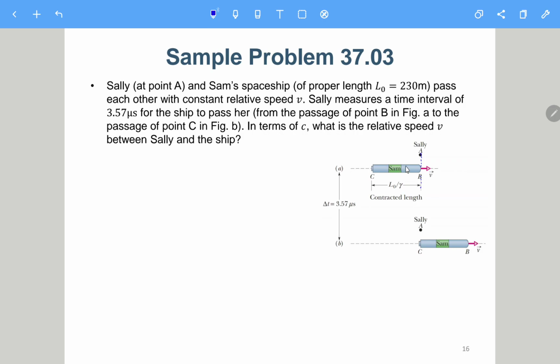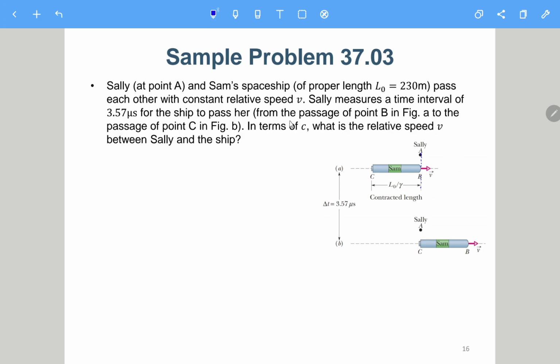The starship is still moving to the right, and when the sensor detects the tail of the spaceship, it stops. Because when we need to measure the length, we need to use time, because the only constant is the speed of light. So we use the time interval to measure the length of the starship.